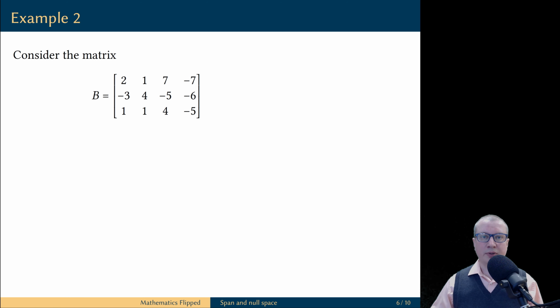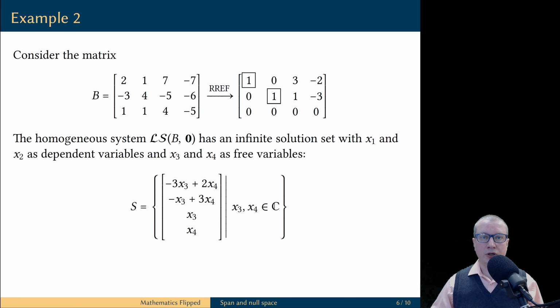In the second example, we are going to see that it is possible to describe the same span using fewer initial vectors. Let's start with a 3x4 matrix B. We reduce this matrix, and this tells us that the homogeneous linear system with B as the coefficient matrix has infinitely many solutions. x3 and x4 are the free variables, and x1 and x2 are the dependent variables.